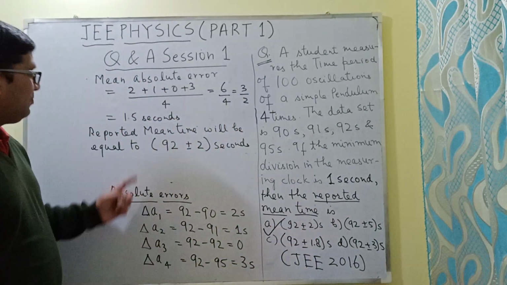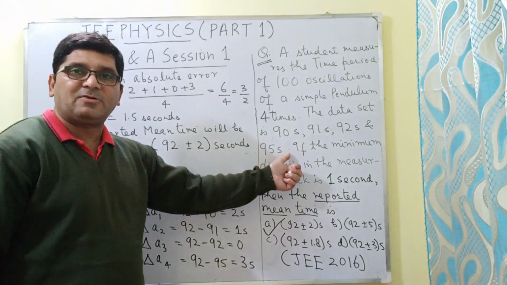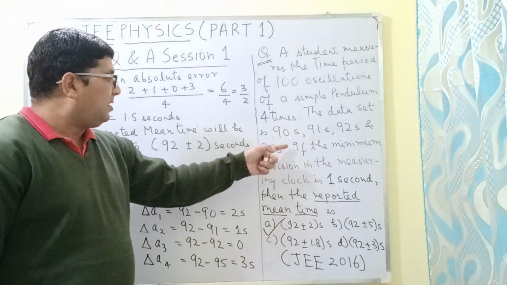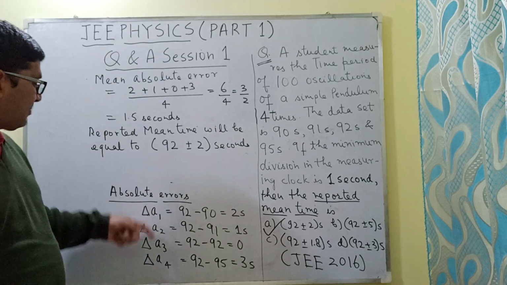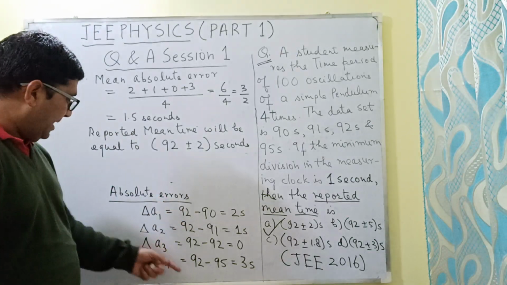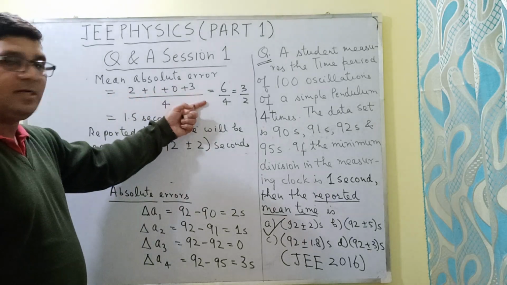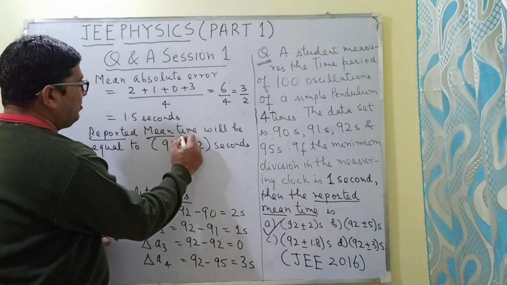In this question, the most important thing is that because the true value was not given, we have to calculate the mean value of the measured data. After that, we have to calculate the absolute errors as we have calculated here, and thereafter we have to calculate the mean absolute error, and after that the reported mean time can be calculated.